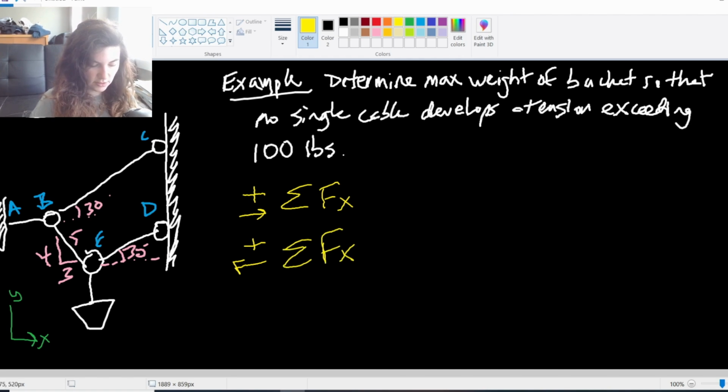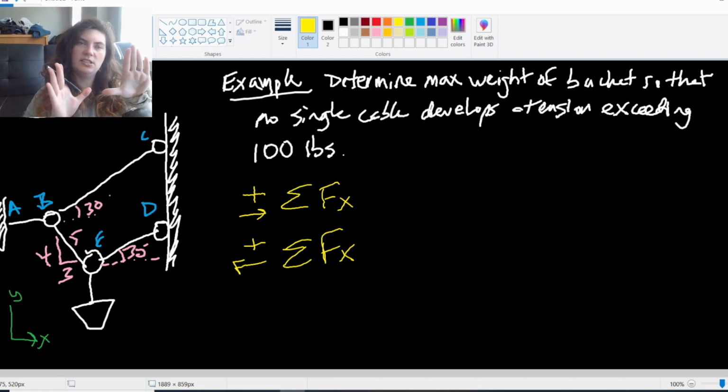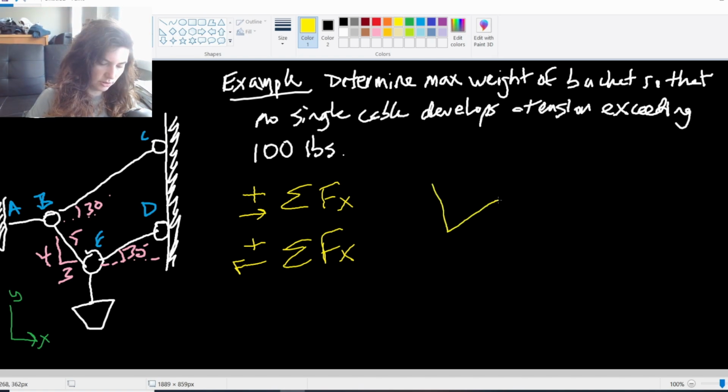Summation of X. This might be in a case where all of your forces are pointing to the left, so you want to say, instead of using negatives, I want to go ahead and just make everything to the left a positive. Don't worry about the signs. So there are reasons to flip around your system. You may have a system that sits on its side rather than a traditional XY axis.